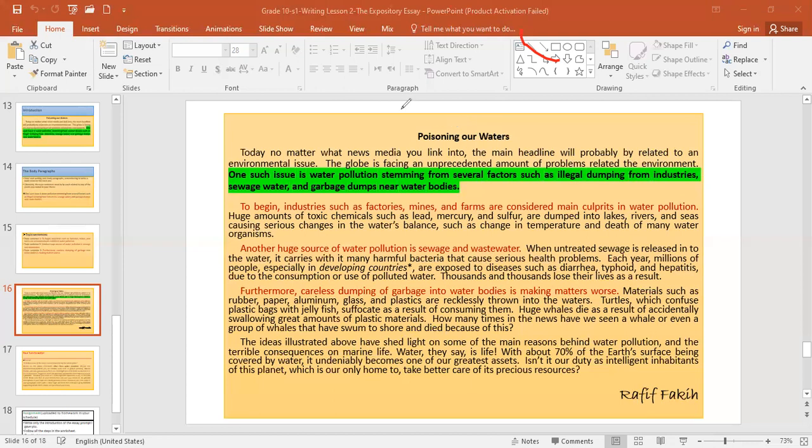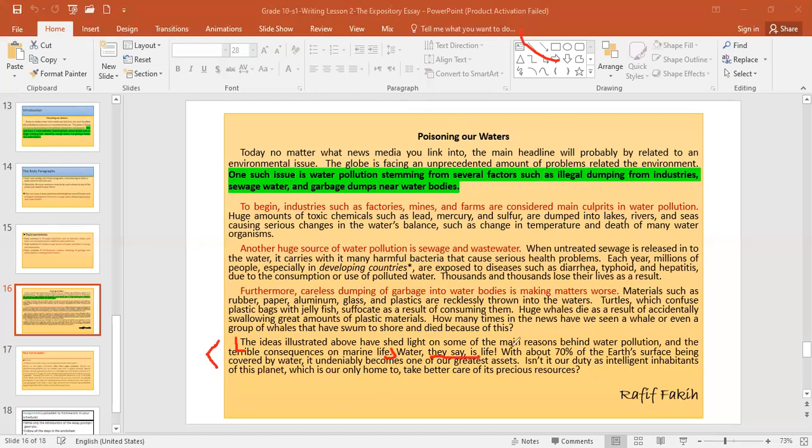Okay, so what did I do in the conclusion? I summarized the text and restated the thesis statement with different words. Yes, here I basically restated my thesis and summarized the text. And then I made a call for action. I expressed my feelings.